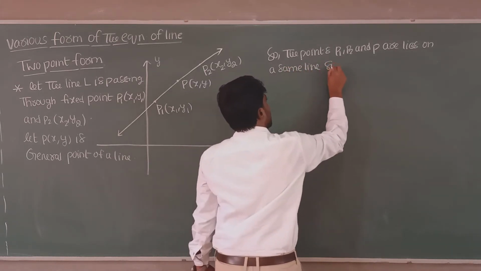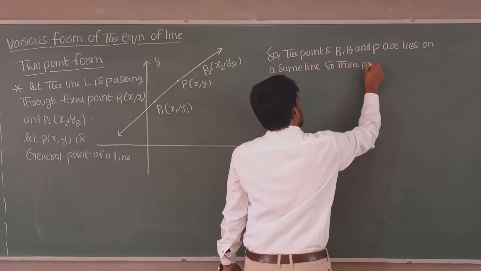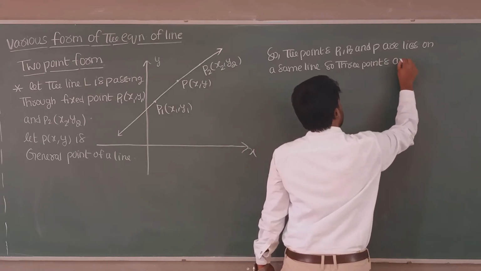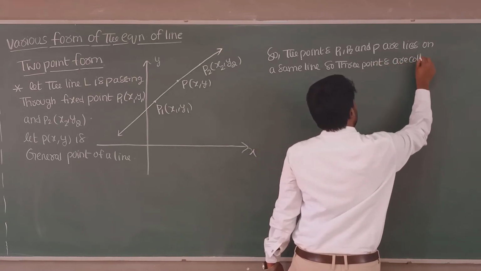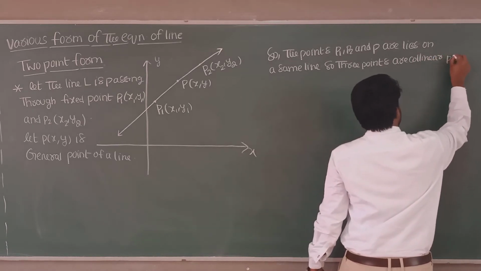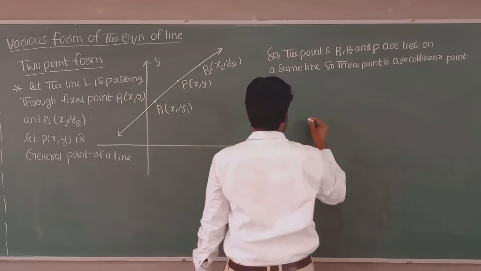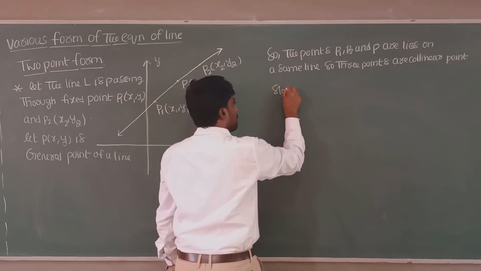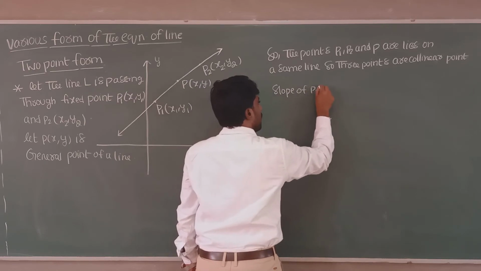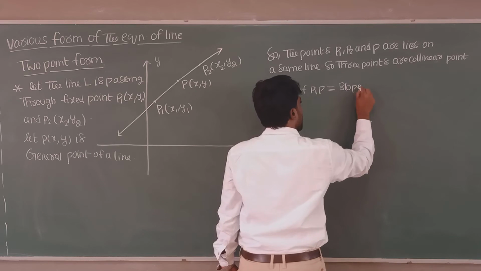So these three points are collinear points. If three points are collinear, their slopes are equal. So the slope of P1 to P is equal to the slope of P1 to P2.